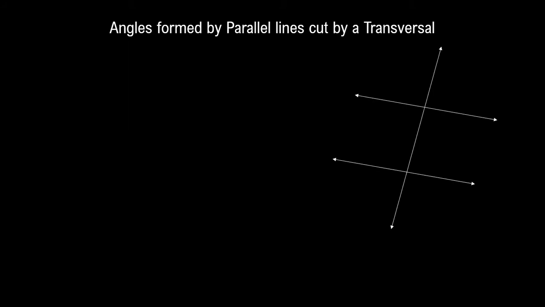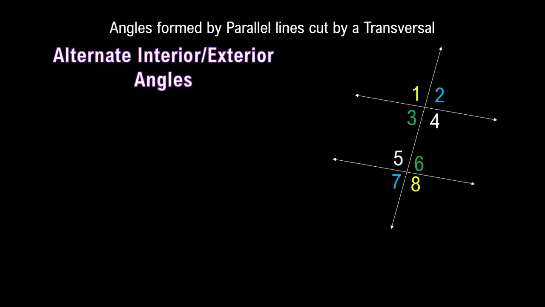So pangalanan muna natin siya ng angle 1, angle 2, 3, 4, 5, 6, 7, and 8. So we have 8 different angles. Okay, next. So the first two angles that we can form are alternate interior and alternate exterior angles.